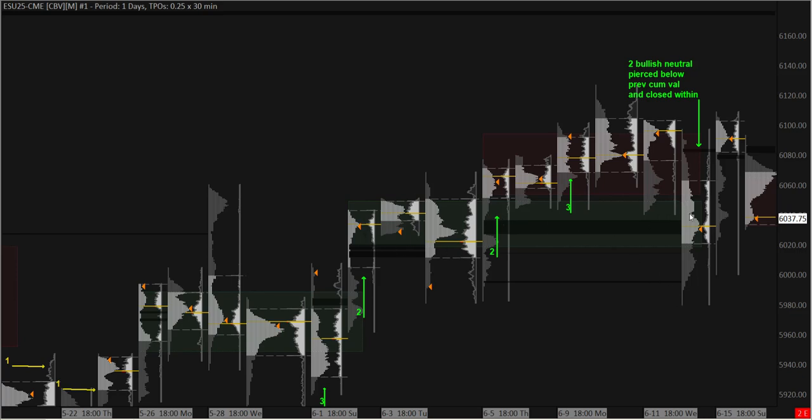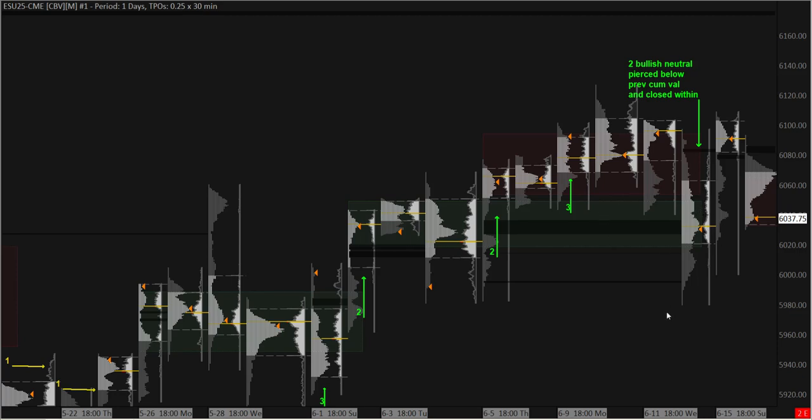If we closed here, it would be a bearish pattern with the direction of the breakout. But here we closed back within this bullish area, which is bullish.